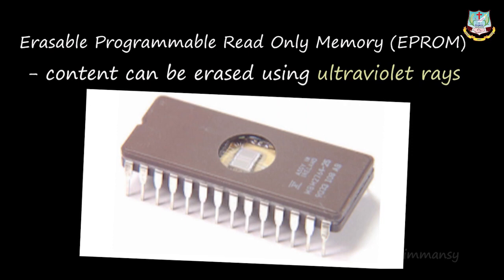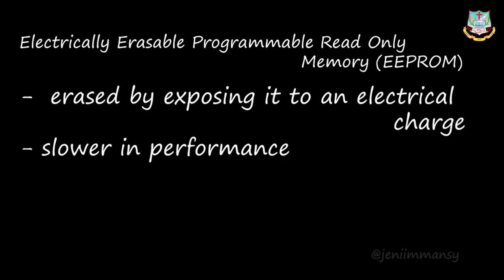The next one is electrically erasable programmable read-only memory. From the word itself you can tell, it is a programmable read-only memory that is electrically erasable. That means we can erase the data by exposing it to an electrical charge.